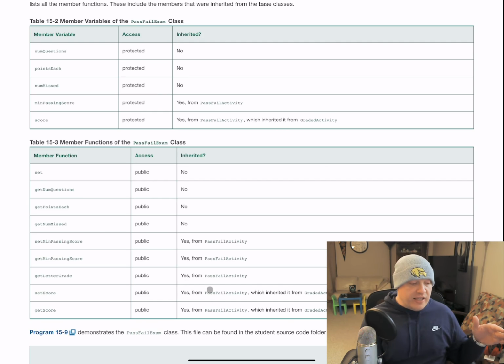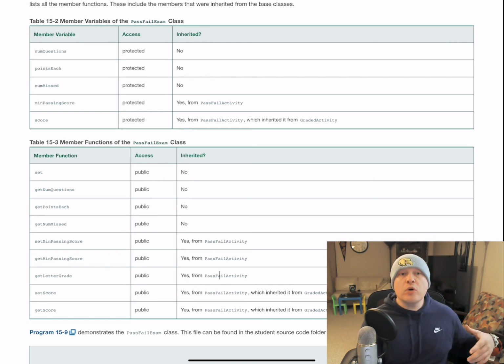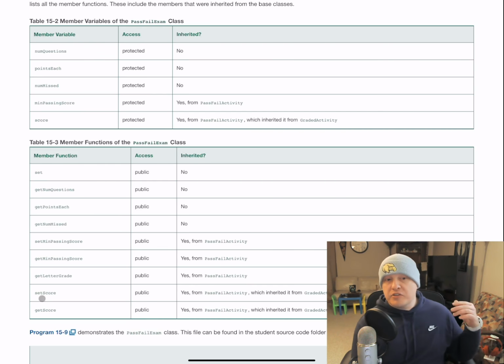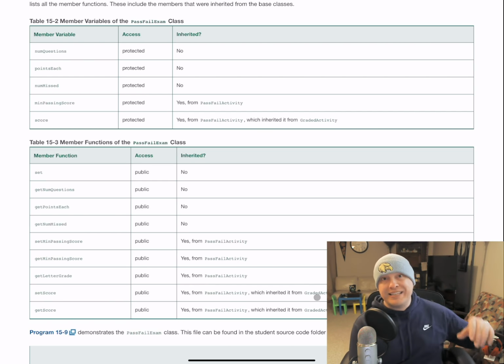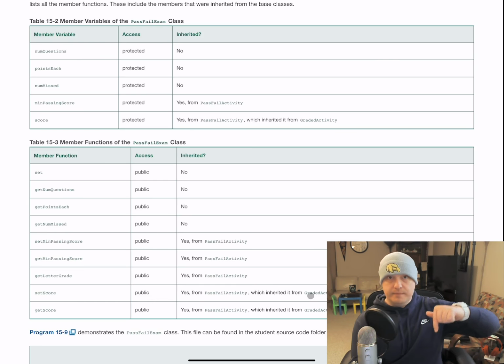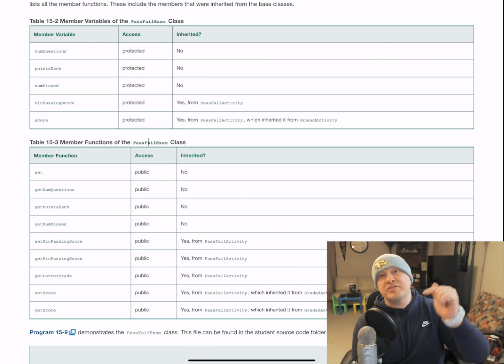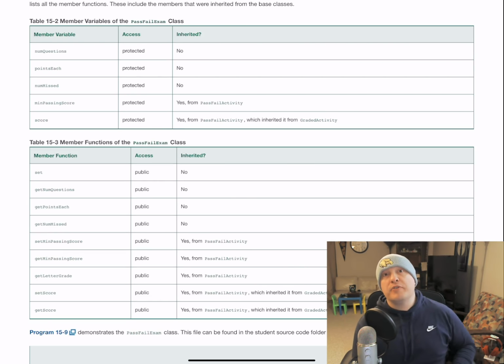But this stuff down here is where the really interesting things happen. So the pass-fail exam class has access to set and get score, because set and get score really are parts of the graded activity class. But because the graded activity, or the pass-fail activity rather, class inherits from graded activity, the pass-fail exam has access to those member functions.